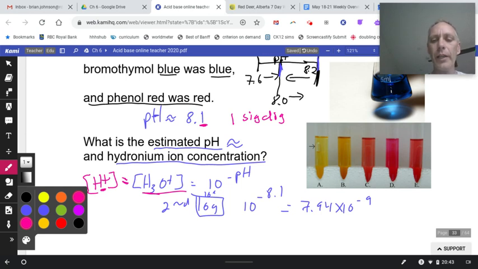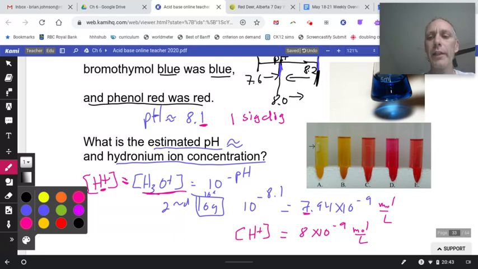Same thing. So I need to take this number and turn it into 1 sig dig. It's not decimal places anymore because it's a normal concentration in moles per liter. So 1 sig dig becomes 8 times 10 to the negative 9 moles per liter as the concentration of H plus. Okay, so that's the skill, ladies and gentlemen.